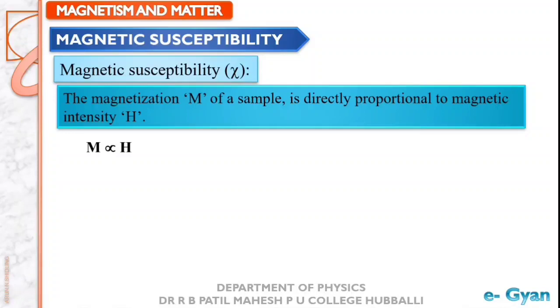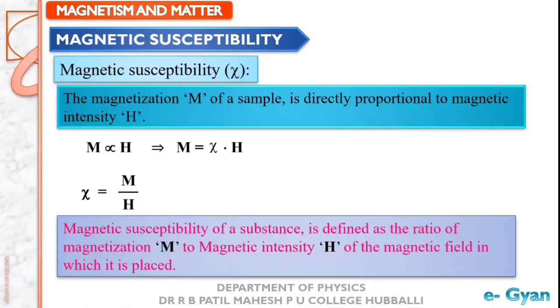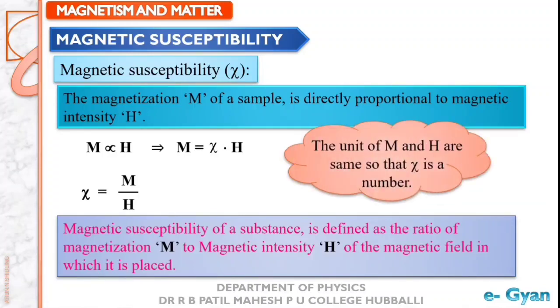Removing this proportionality, we can put in chi in its place. So M is equal to chi into H, and chi will be equal to M divided by H. Magnetic susceptibility is thus defined as the ratio of magnetization to magnetic intensity H. One more thing to note is that M and H have the same units, thus chi becomes just a number.